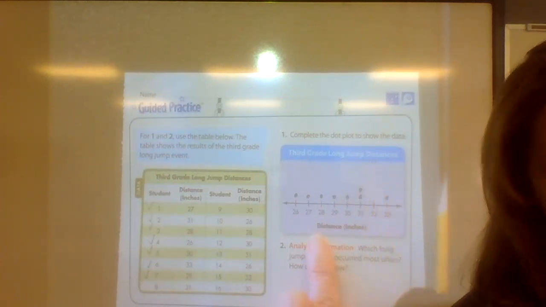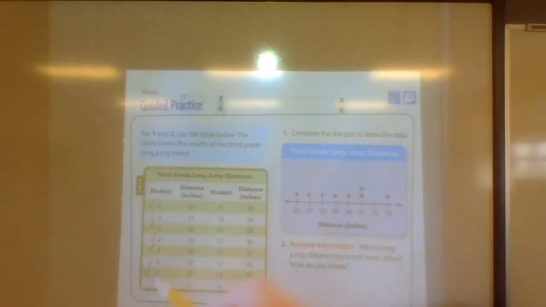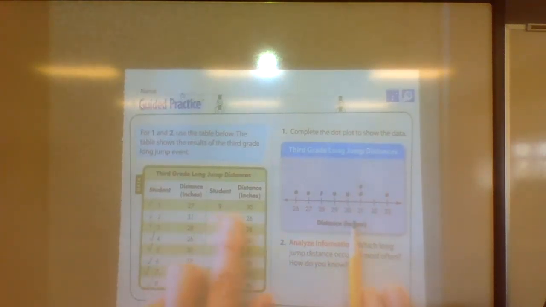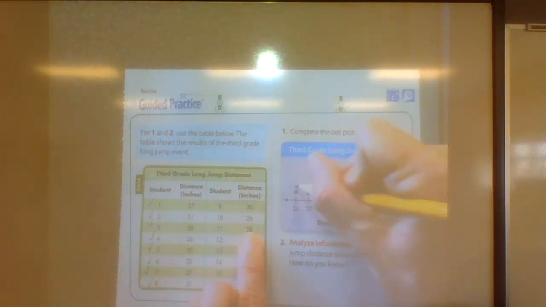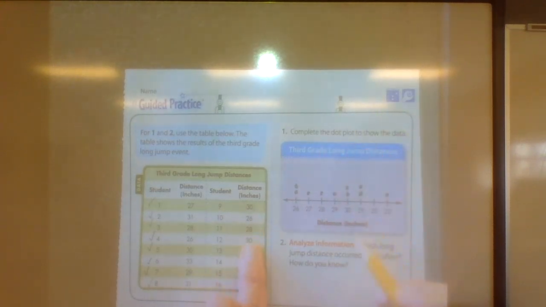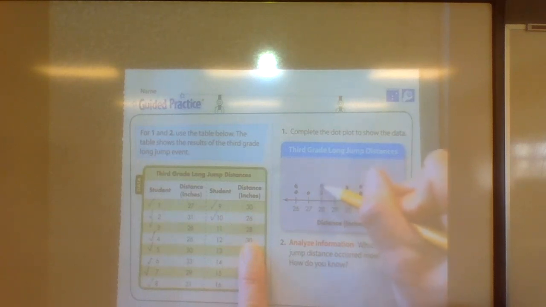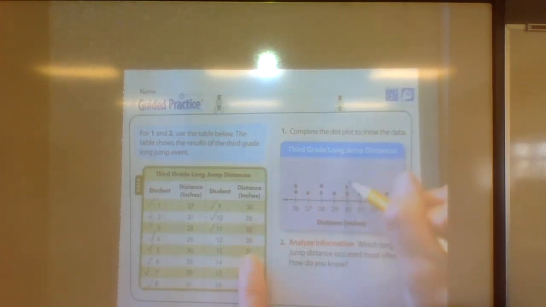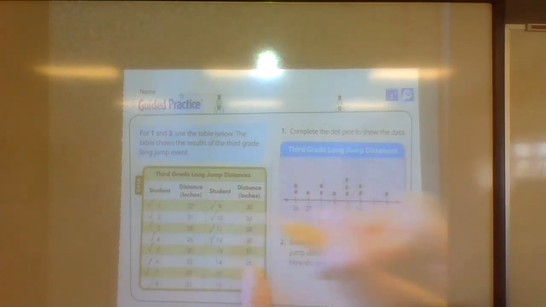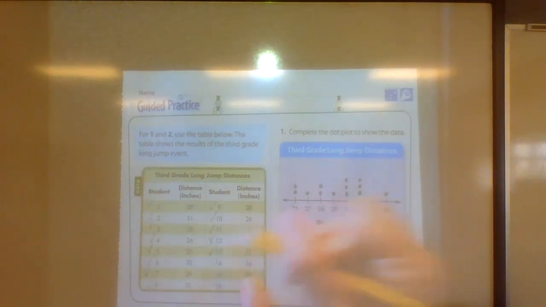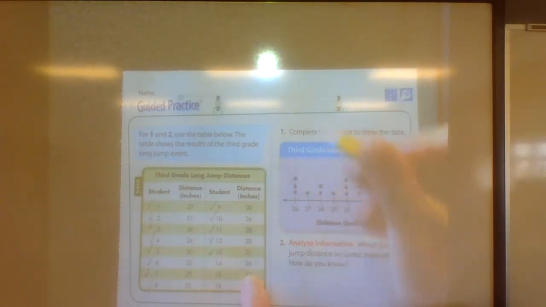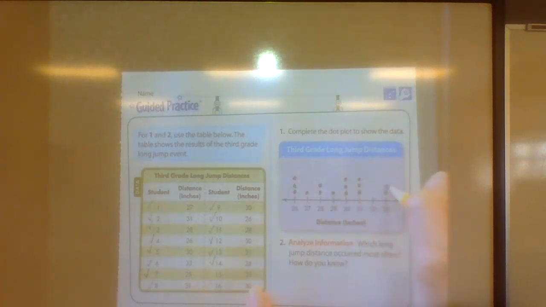And you keep stacking those dots when you get more data with that same number. 30 inches, 26 inches, okay, 28 inches, 30 inches, 31 inches, 26 inches, 33, and 30.